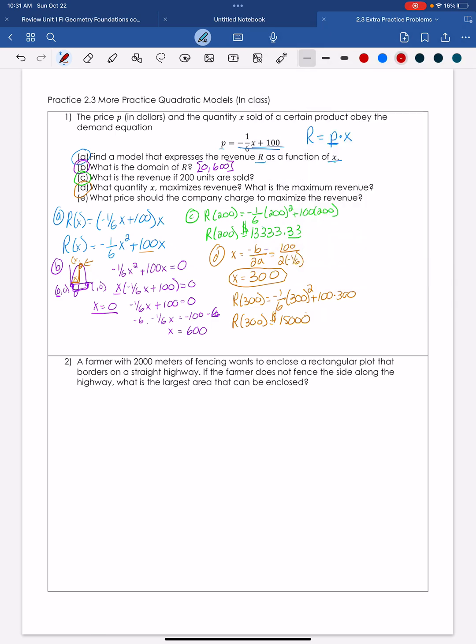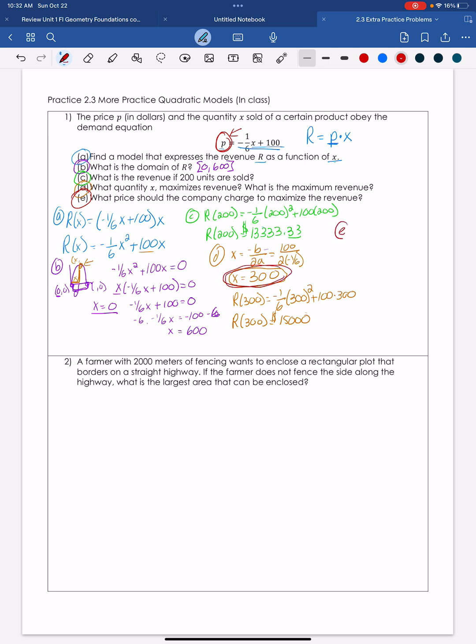Now we are on to E. It says, what price should the company charge to maximize revenue? Okay, so when it asks for price, we go up here because we're finding P. We do have our x value that maximizes revenue, which is 300.